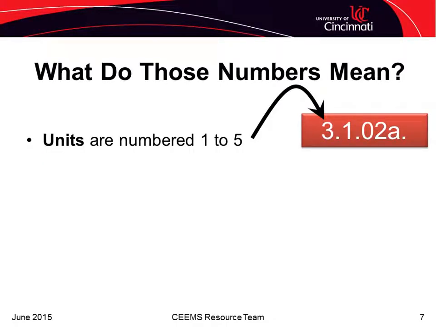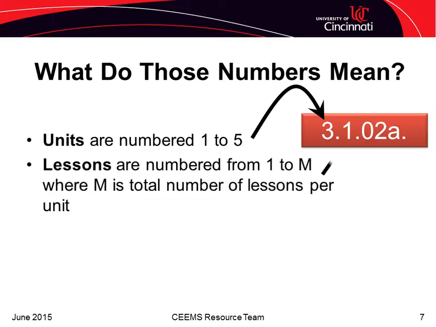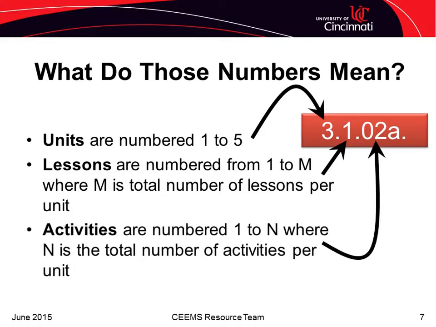So let's recap. The unit number is the first number in the file name and will typically range from 1 to 5 since you will be required to complete 5 units during the 2-year program. The lesson number, 1 in this case, will range from 1 to the total number of lessons in the unit. The activity numbers are 2-digit numbers, and for those numbers that are less than 10, a leading 0 is added to maintain the correct alphabetic order.